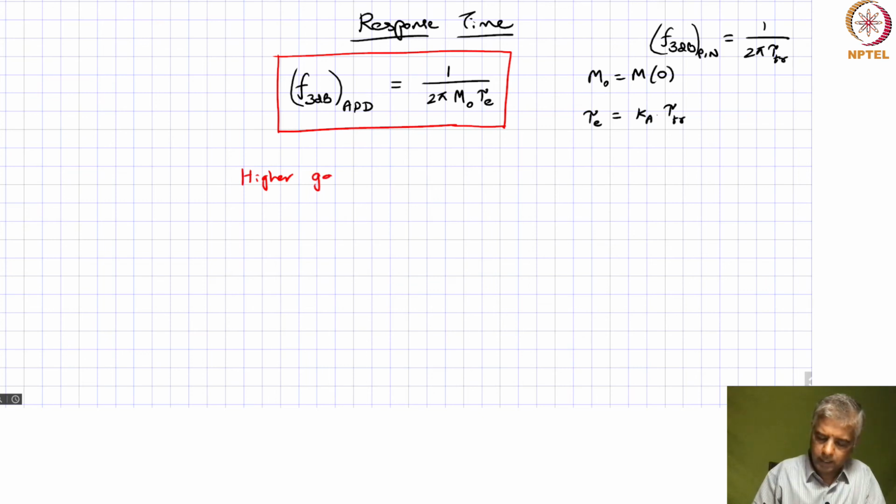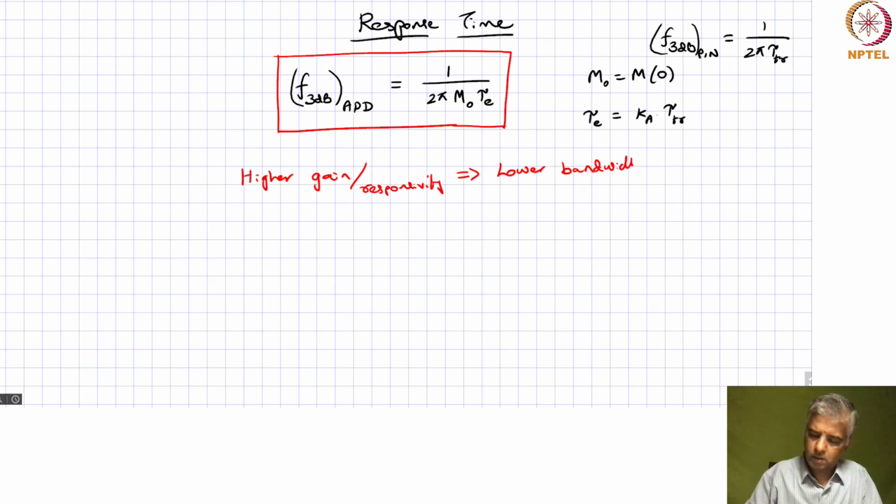Higher gain, or you can just say higher responsivity, implies you have lower bandwidth, a slower response time. So higher gain corresponds to lower bandwidth, or in other words, if you want to achieve higher bandwidth, you will have to do that at the expense of dealing with a lower gain value.